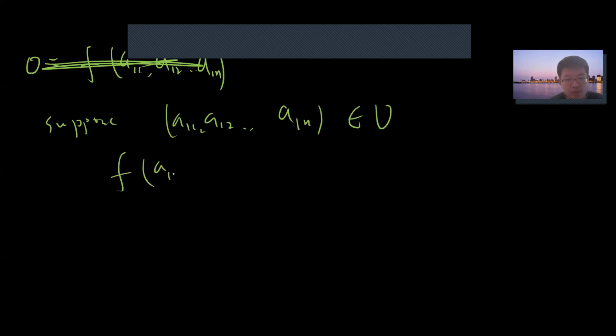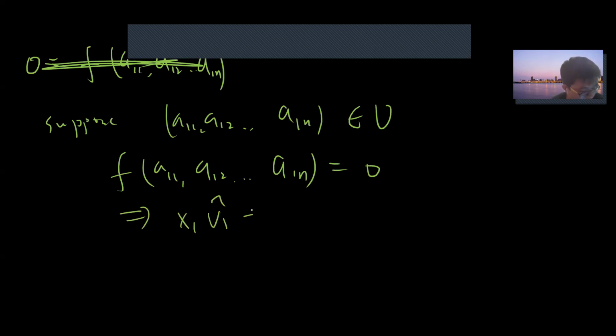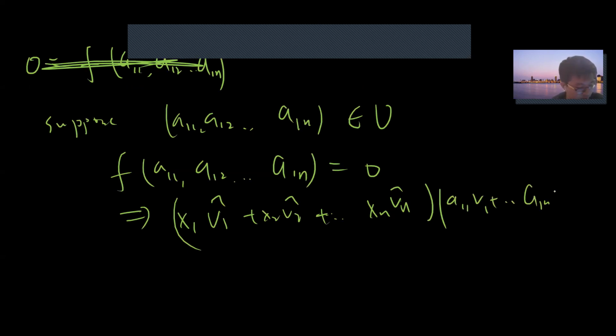Okay, so let's see. Suppose we know that A11, A12 up to A1n belong to U, so your f applied to it should be 0. So x1 V1 hat plus x2 V2 hat up to xn Vn hat applied to A11 V1 up to A1n Vn is 0.